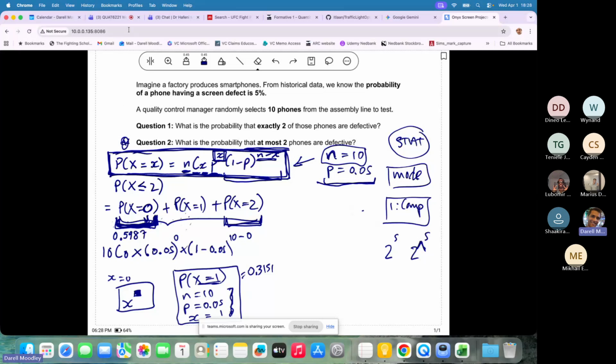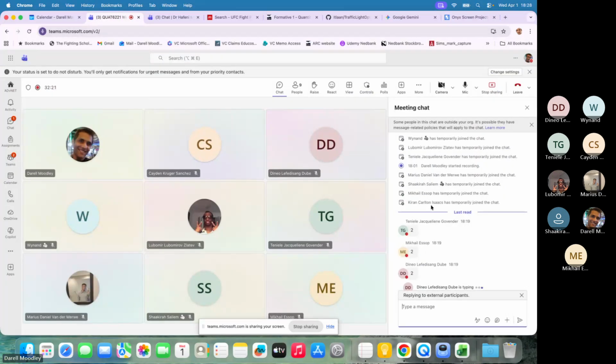All right, let me check the chat. I'm assuming you're giving it a try and getting that value. Anyone getting a different value? You've got to let me know, because I'm just going to assume that you are comfortable with it. But if not, you have to tell me.